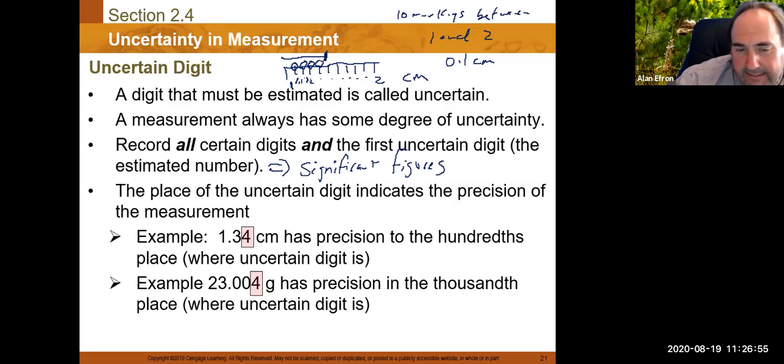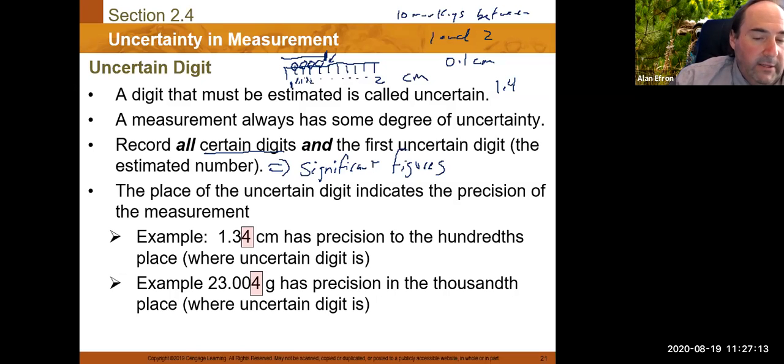It's not exactly at the 1.5 marking, but anybody that looks at it should say it is at least 1.4. Those are what we refer to as the certain digits when we take a measurement. Again, no matter who takes a peek at that scale, everybody should agree.